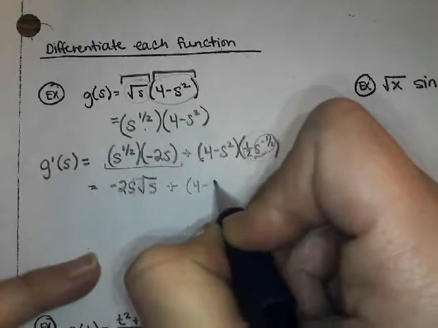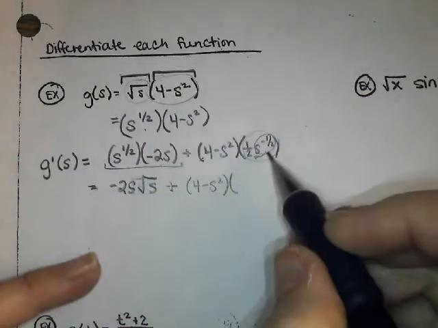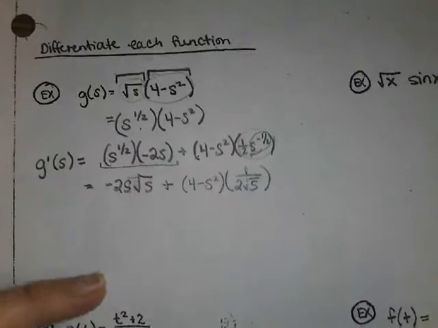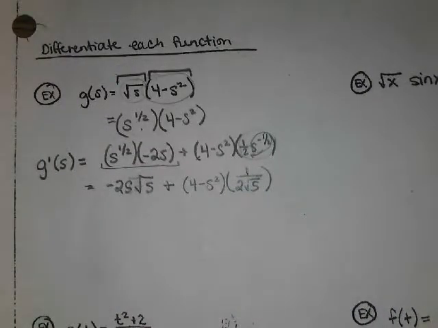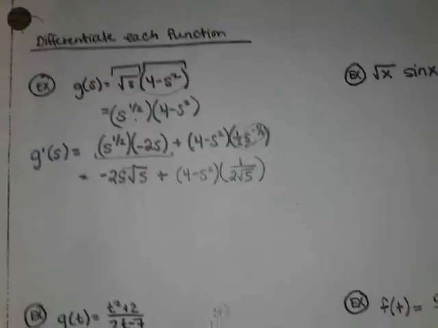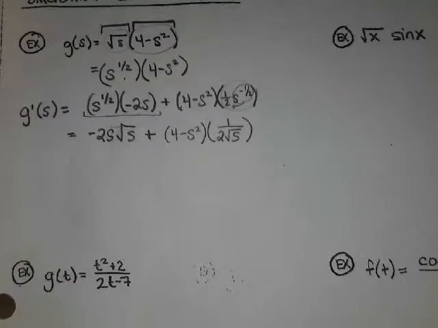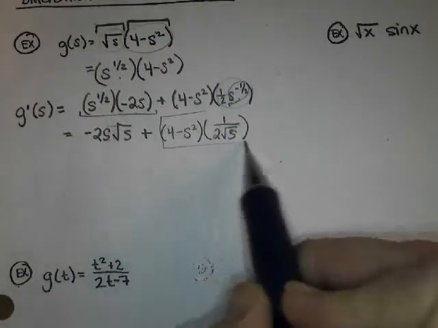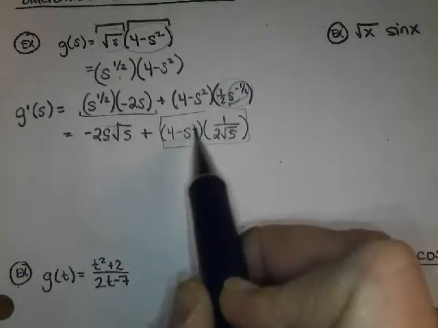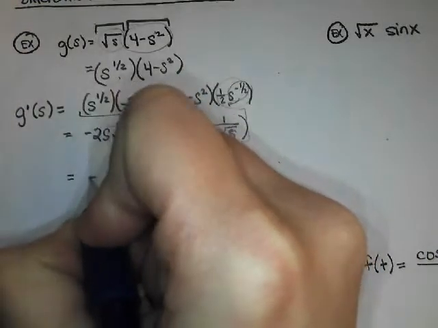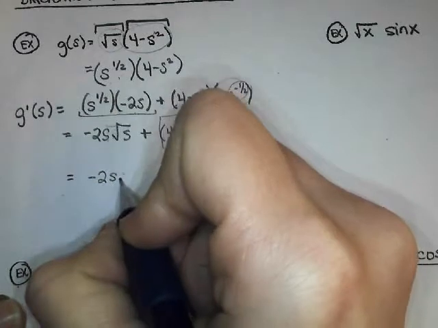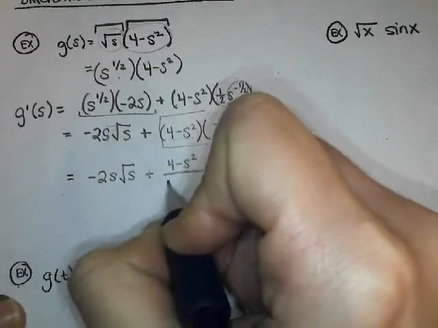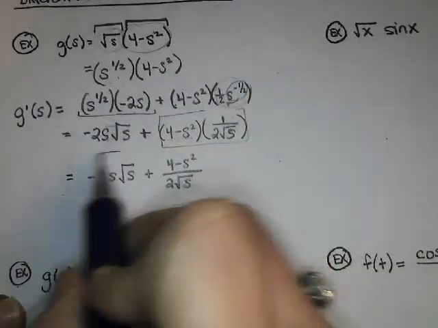So I can keep my 4 minus s squared, but this is going to be 1 over 2 root s. And that's fine. We're not going to rationalize here. The only thing I can do with this one is I can just multiply this by the 1 and put that in the numerator. So to make it as clean as possible, negative 2s root s plus 4 minus s squared over 2 root s. And that's my derivative.